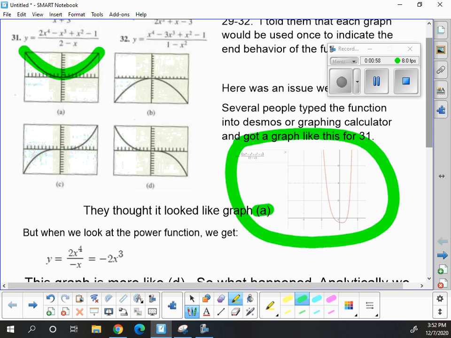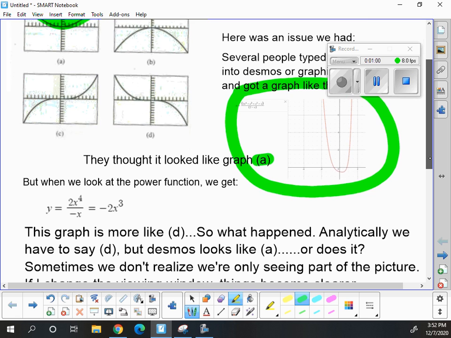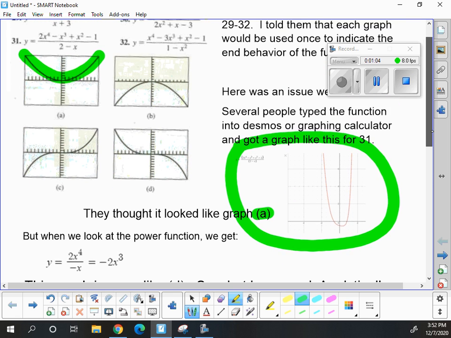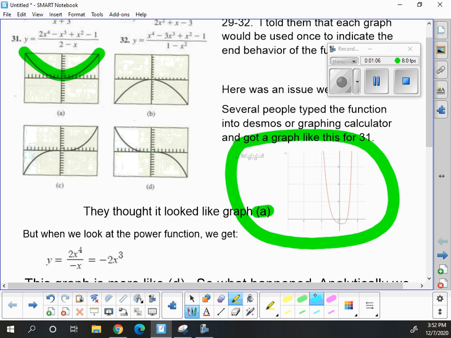Now, it bothered me a little bit because, if we look at the power function for this one, the highest power term in the numerator is 2x to the fourth, and the denominator is just minus x. When I divide those, I get negative 2x cubed.